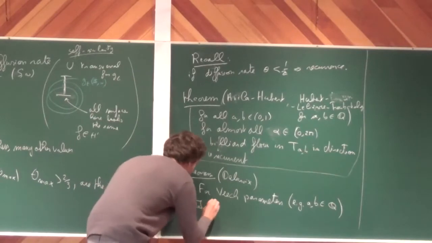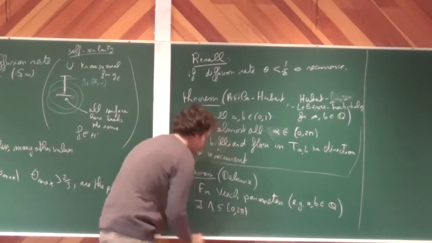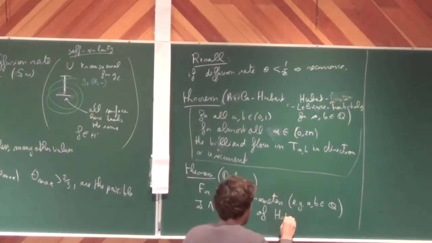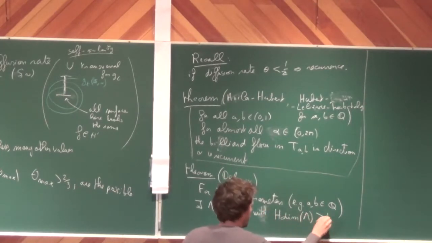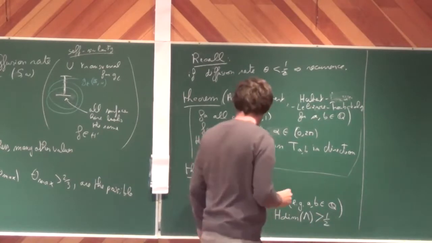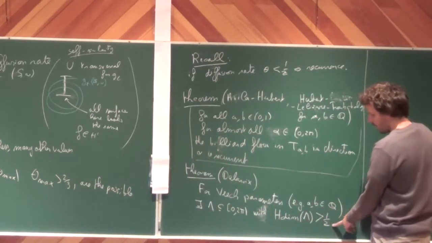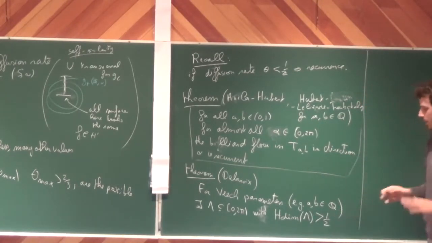There exists a lambda in 0 to pi with Hausdorff dimension of lambda greater than 1/2. There are many examples of sets that we build with dimension greater than 1/2 in many papers about counterexamples, and you will see why.